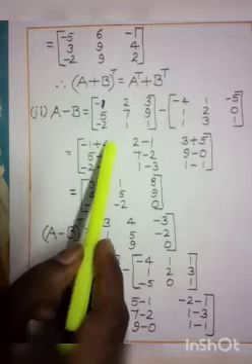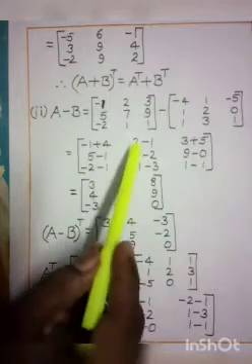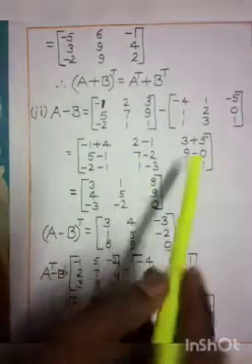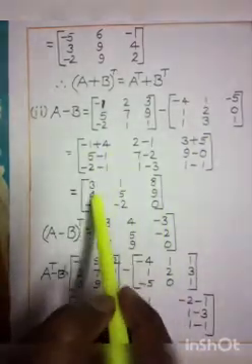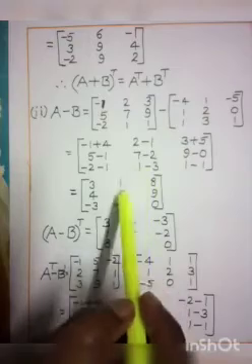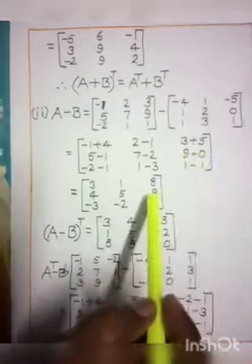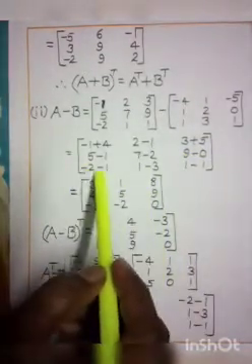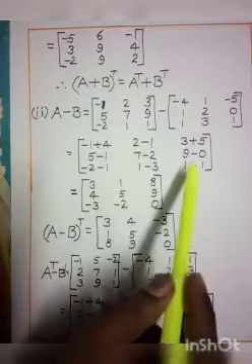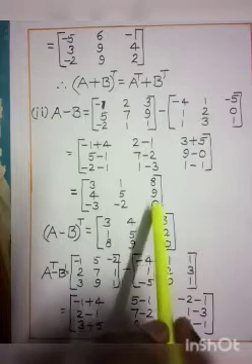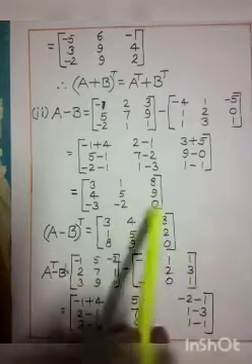Minus 1 plus 4, 3. 2 minus 1, 1. 3 plus 5, 8. 5 minus 1, 4. 7 minus 2, 5. 9 minus 0, 9. Minus 2 minus 1, minus 3. 1 minus 3, minus 2. 1 minus 1, 0. We got here A minus B.